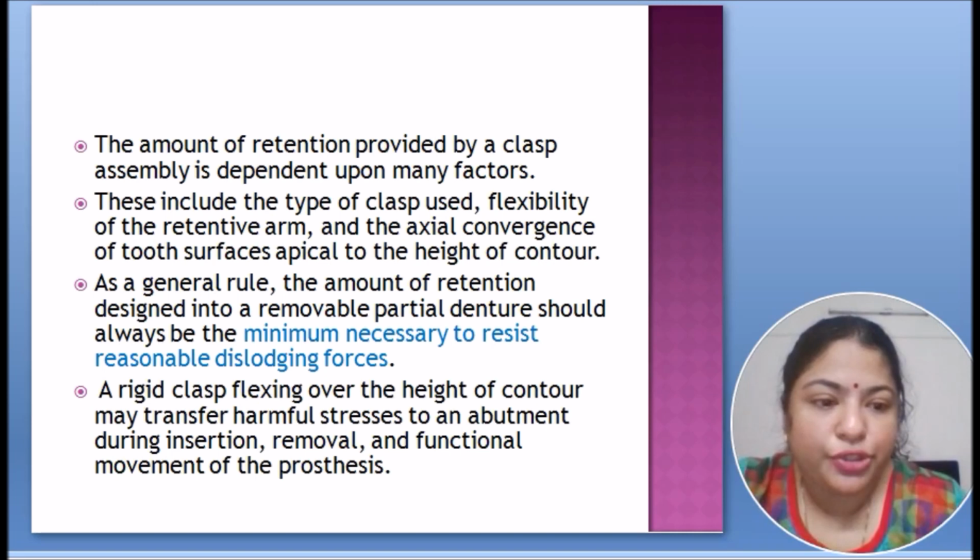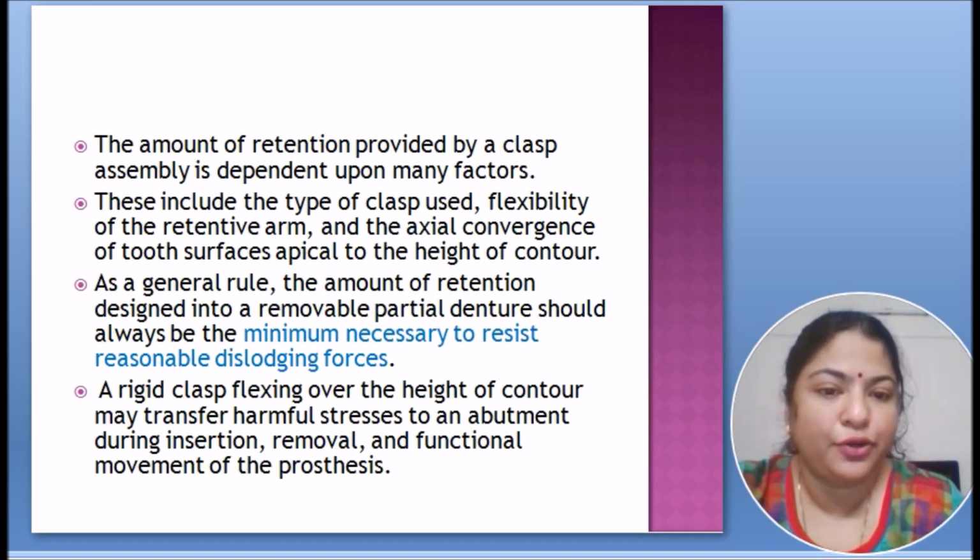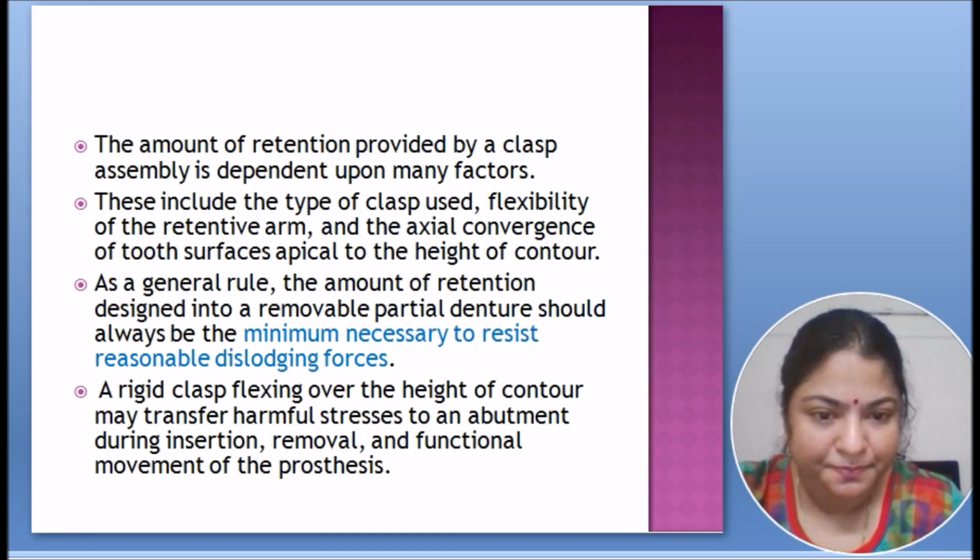Now the amount of retention provided by a clasp assembly depends on many factors like the type of clasp used, the flexibility of the retentive arm, and the axial convergence of the tooth surfaces apical to the height of contour, that means the undercut area.